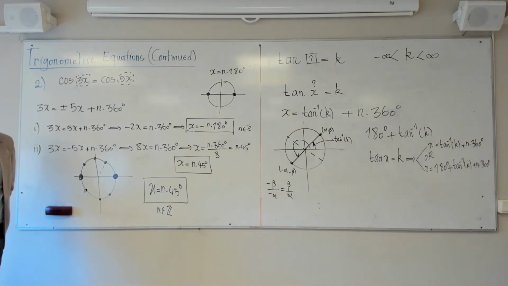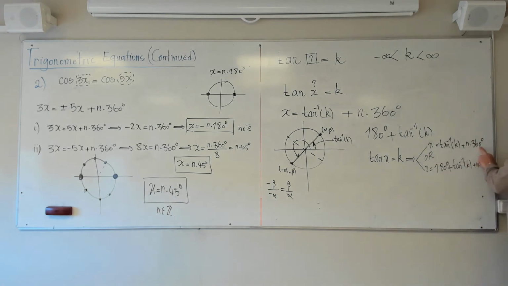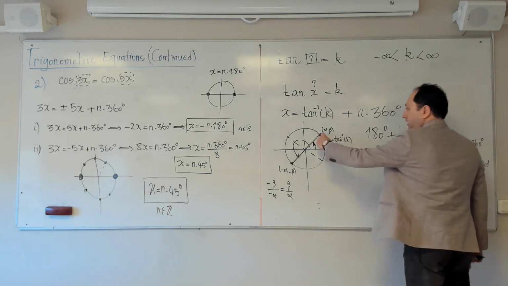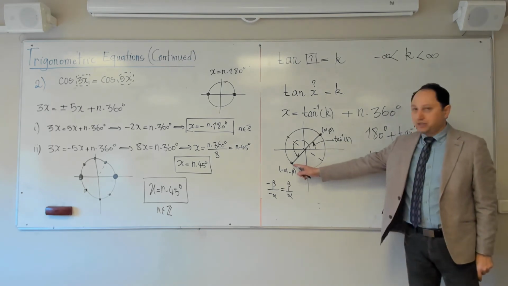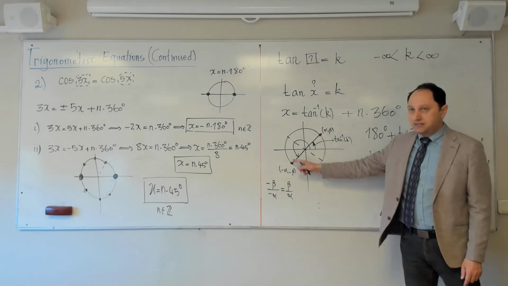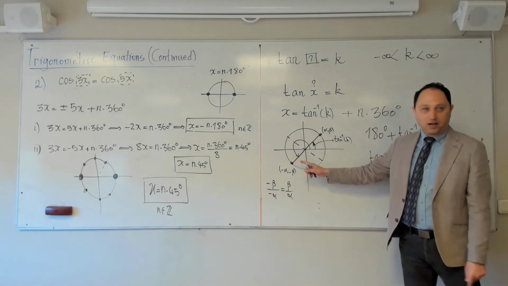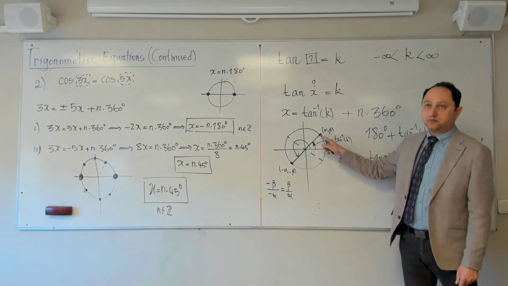N times 180. Yes, n times 180. So here, when I write n times 360, when I start here, I go immediately back to the same point. But there is another point that I need to consider. If I go 180 instead of 360, I will also catch this point. And then again 180, I will catch this point. Yes?